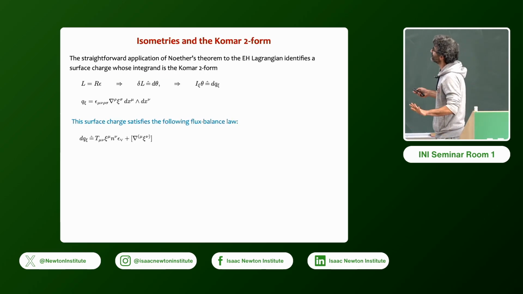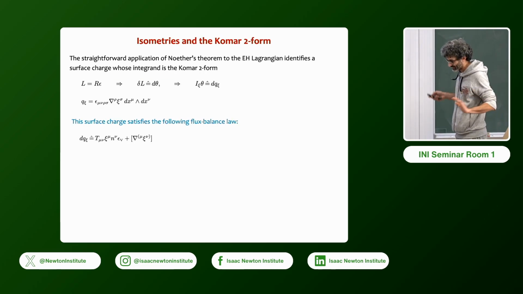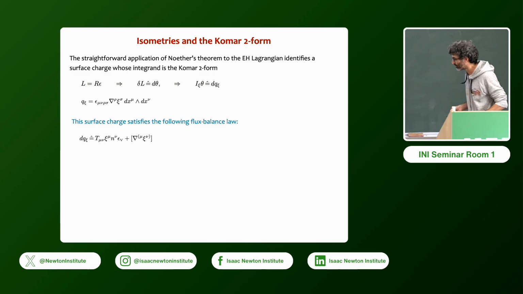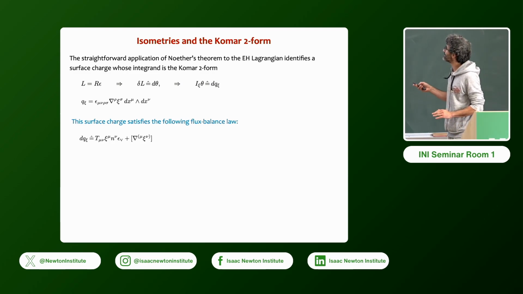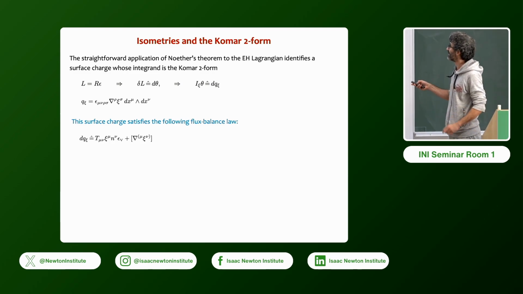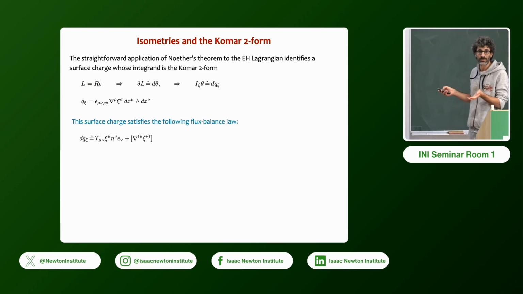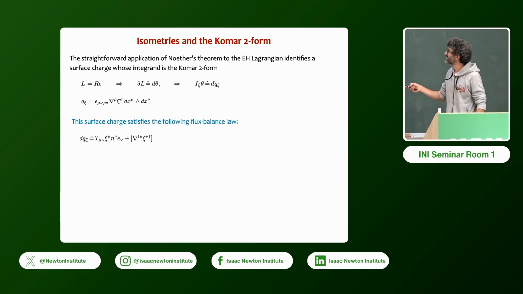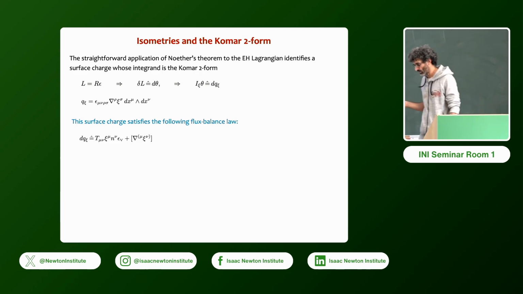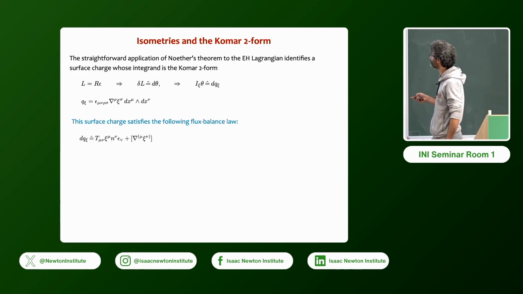So if you just open, I don't know, Wald's 84 book, you see that the symplectic potential that you get out of the Einstein-Hilbert Lagrangian gives you as candidate Noether charge a two-form which is known as the Komar two-form. It's just the antisymmetric gradient of the diffeomorphism you are computing.